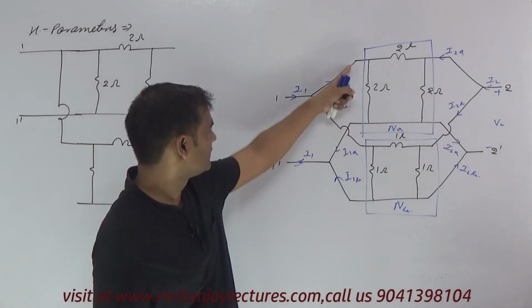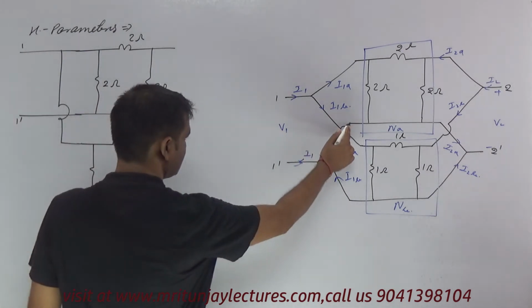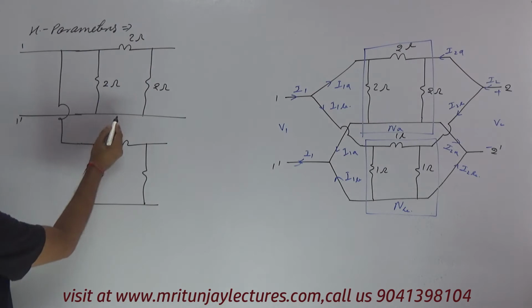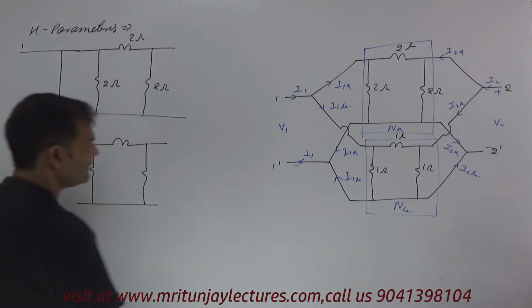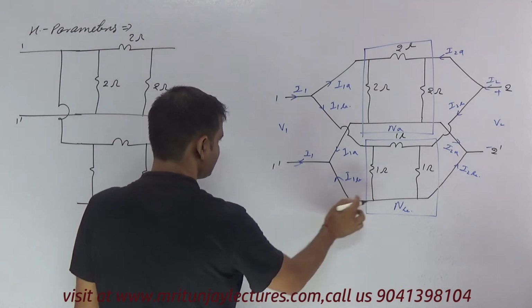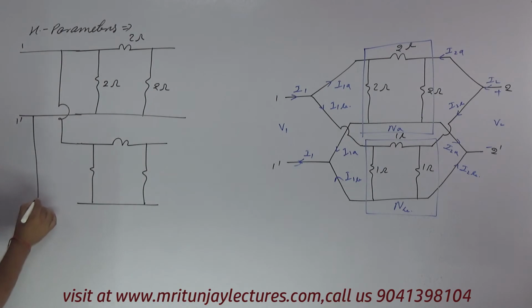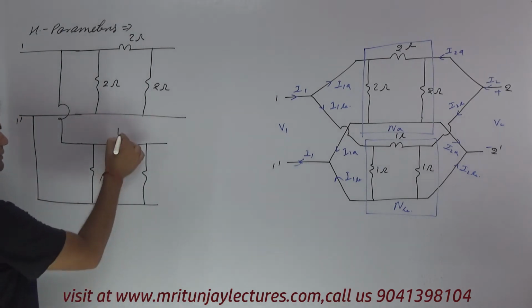This one is connected to this one, that's why. Now this one is connected to 1 dash, that's why here. After that, NB's last part is also connected to this one. Clear or not?